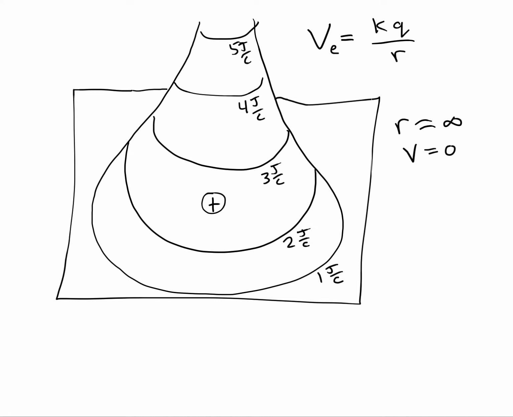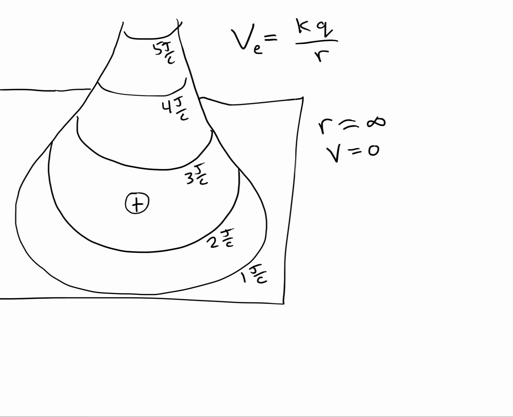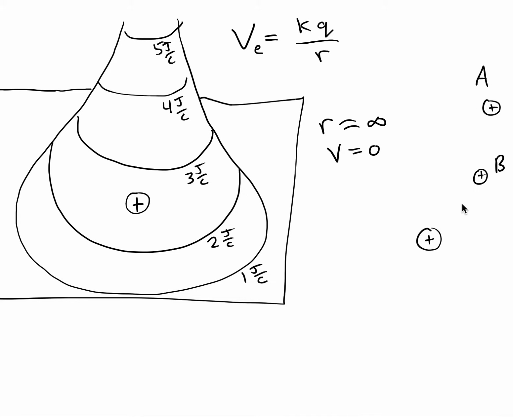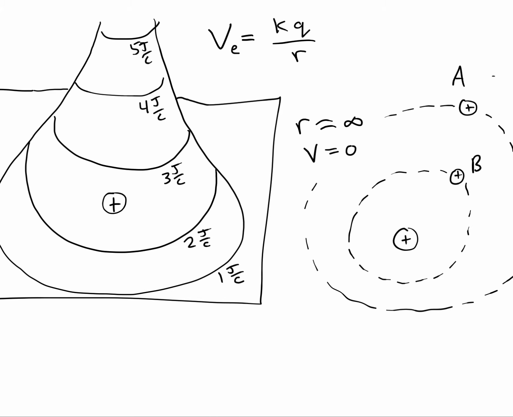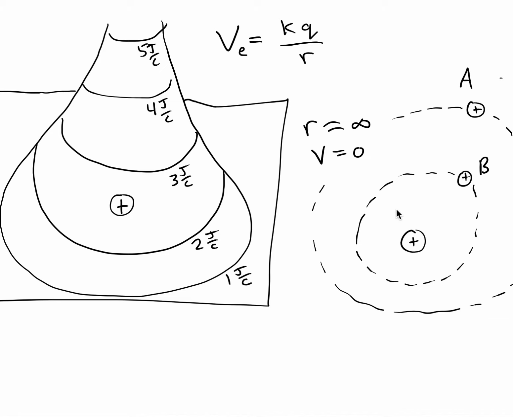All right, what does this mean in a two-dimensional situation? Well, a positive charge at point B has more ability to be accelerated by the field than a positive charge at A. See, A can be pushed out by this charge all the way to infinity.